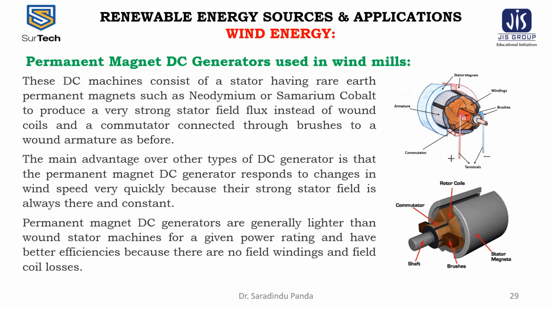Permanent magnet DC generators are generally lighter than wound stator machines for a given power rating and have better efficiencies because there are no field windings and no field coil losses.